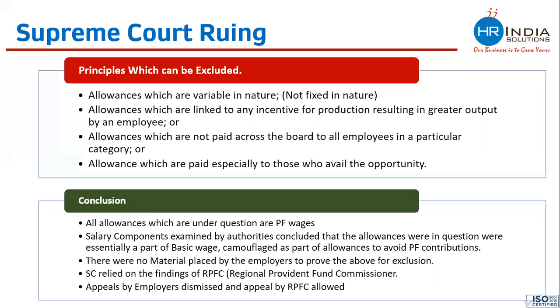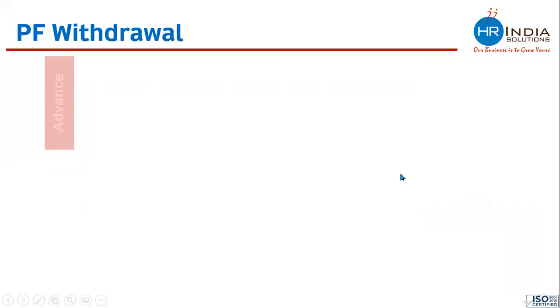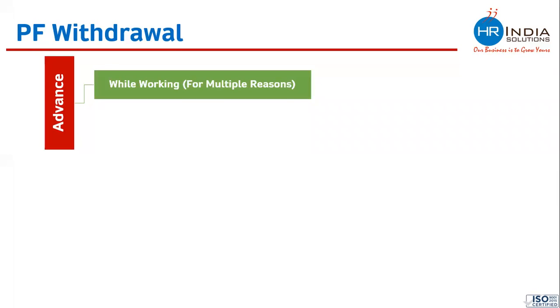Now let's talk about the withdrawal part. If you are contributing to Provident Fund every month, and an employer is also contributing for you to PF, you get many benefits, and you can withdraw your Provident Fund money which is getting deposited every month, and on that the government is giving you annual interest also. So PF can be withdrawn. There can be two cases. Either you can withdraw PF as advance.